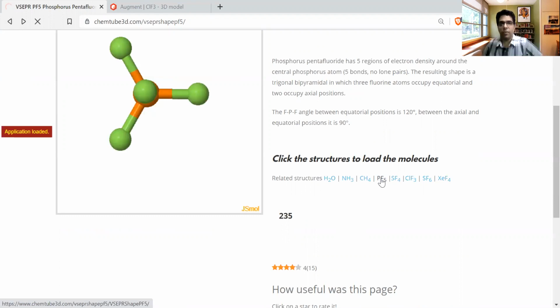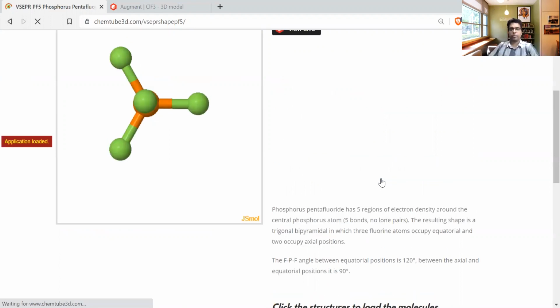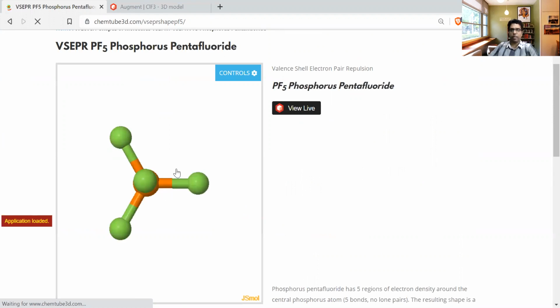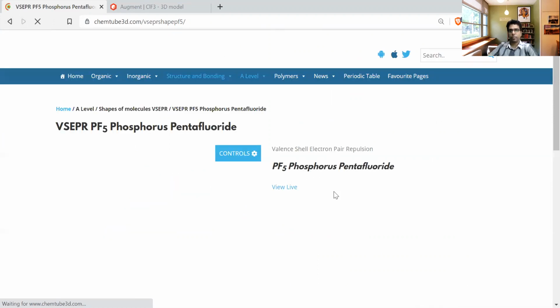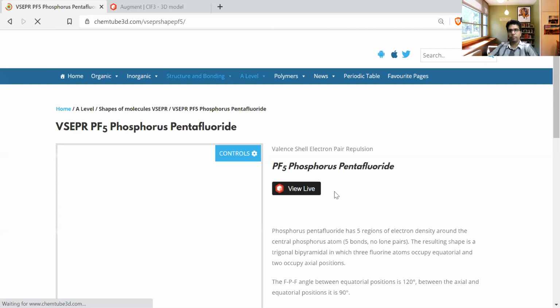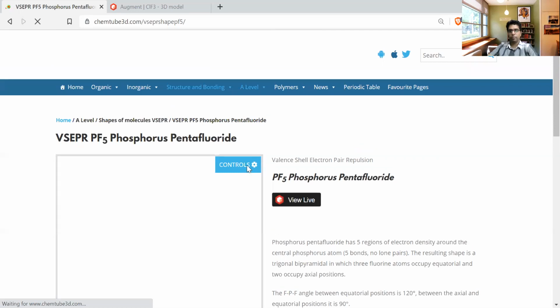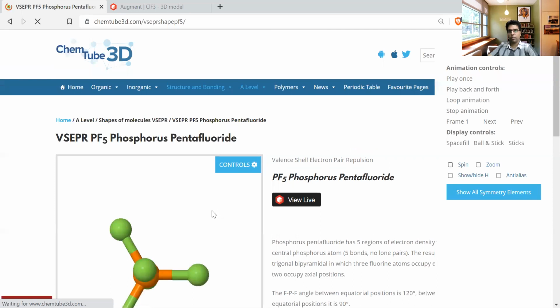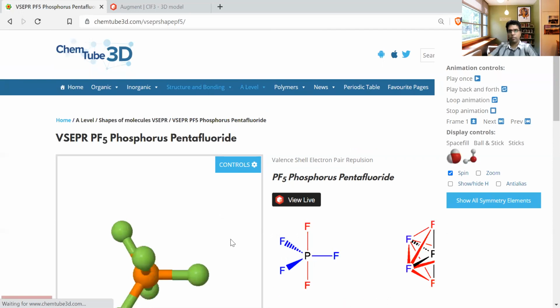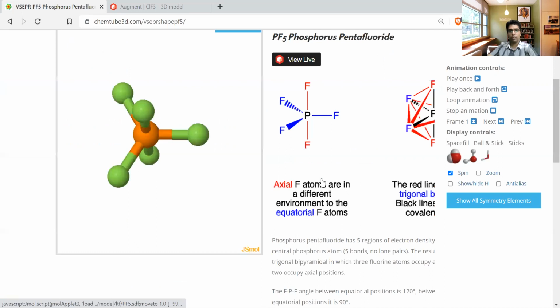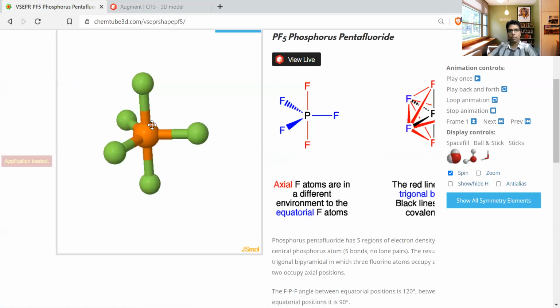So the PF5 molecule is trigonal bipyramidal in shape. These three atoms form a triangle in a plane, one atom at the top, one atom at the bottom.